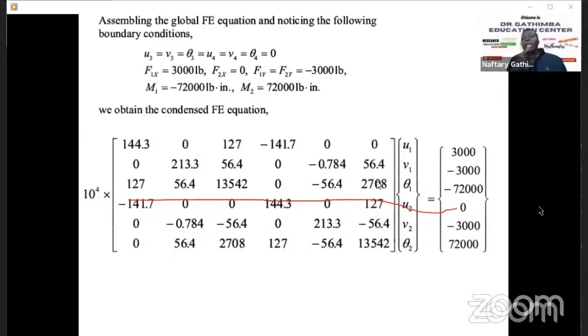Now, why I started with the other example, which seems to be a bit longer, is because by going directly to this reduced equation, you may find that the reactions you need to calculate, like M3 and M4, do not appear in this condensed equation, because 3 and 4 are not shown.